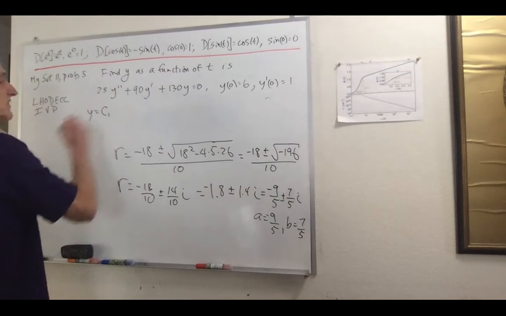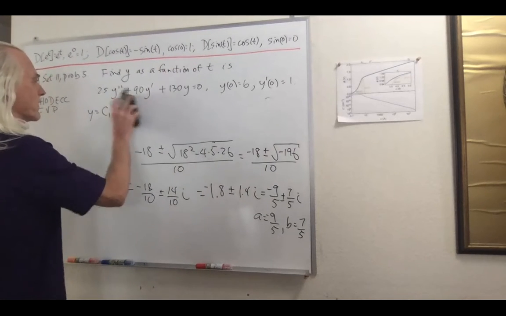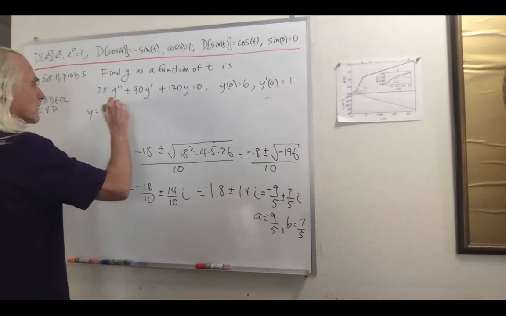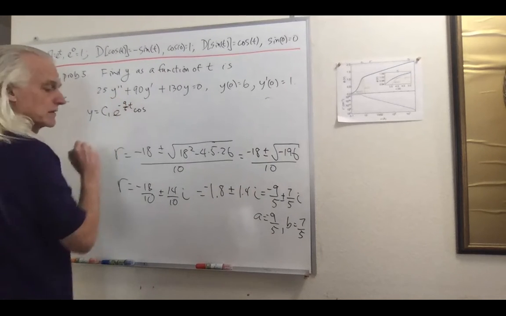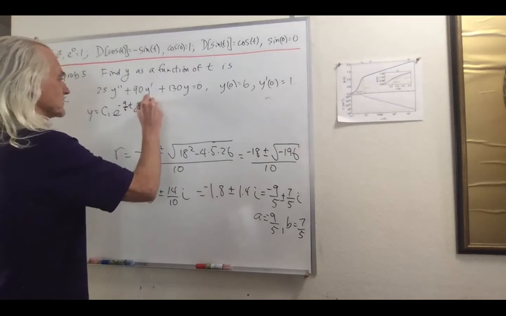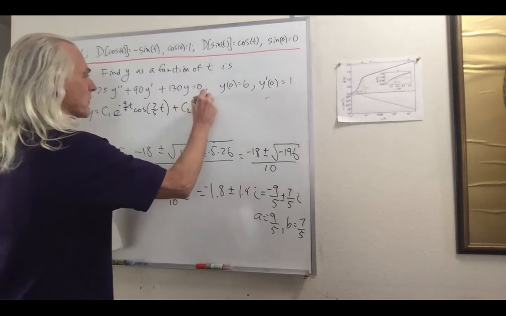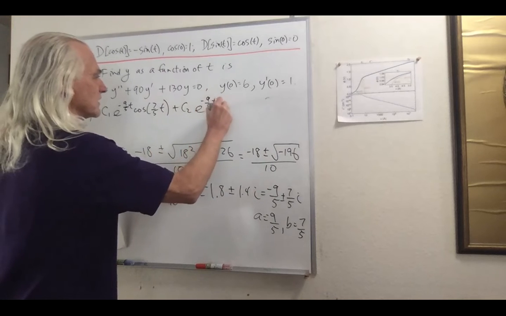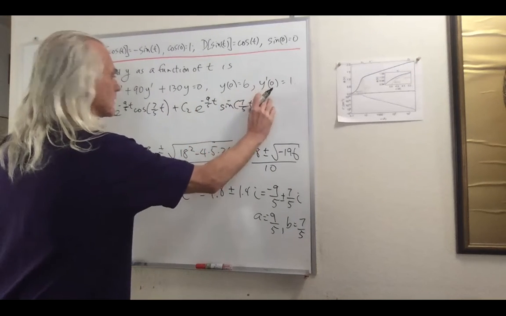y is c1 e to the minus 9/5 t times cosine of 7/5 t plus c2 e to the minus 9/5 t sine of 7/5 t.